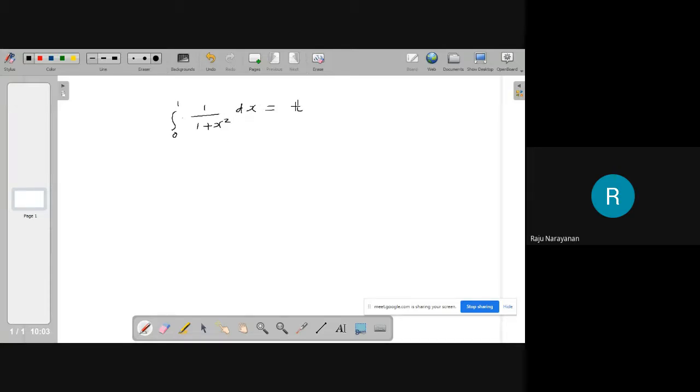This is equal to, can you see my screen? Please tell me. Yes, sir. Tan inverse x between 0 and 1, and tan inverse 1 is pi by 4, tan inverse 0 is 0. Therefore, an estimate of pi you can get as 4 times integral 0 to 1.